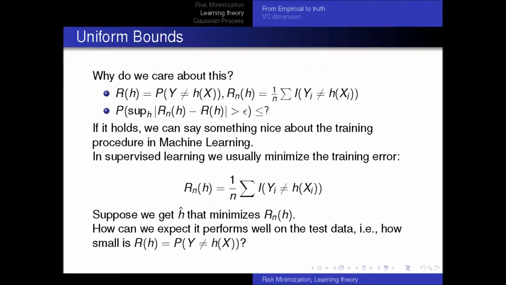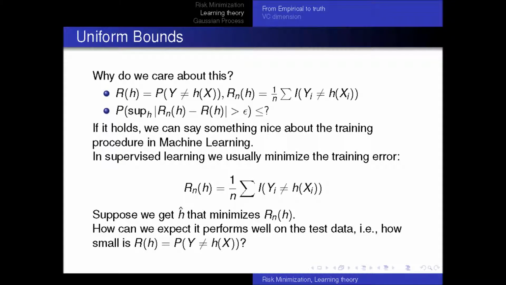And Hoeffding's inequality also tells us that the probability of the difference between Rn(h) and R(h) being larger than epsilon will be less than this upper bound. And we also would like to know for all the functions h, if we take a supremum over them, how large will it be? Is there an upper bound of it?